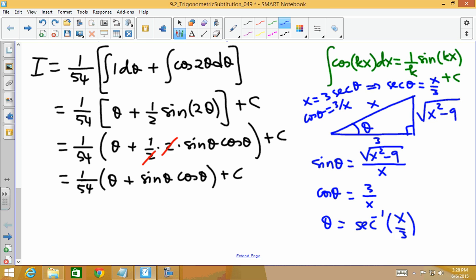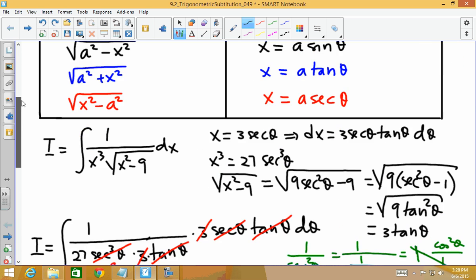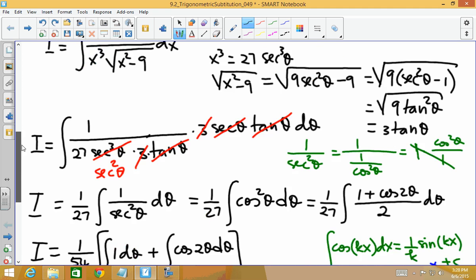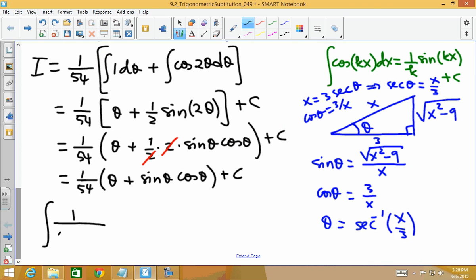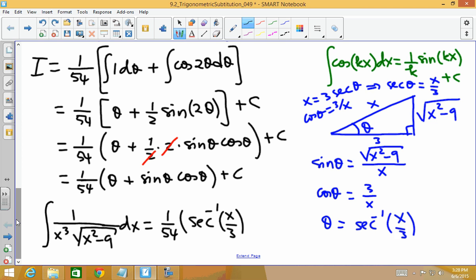Therefore, coming back here, we do all the possible substitutions. The integral of 1 over x cubed times the square root of x squared minus 9 dx is equal to 1 over 54 times the secant inverse of x over 3, plus sine times cosine.